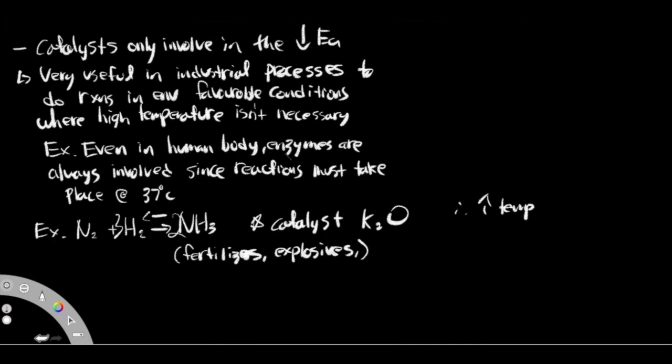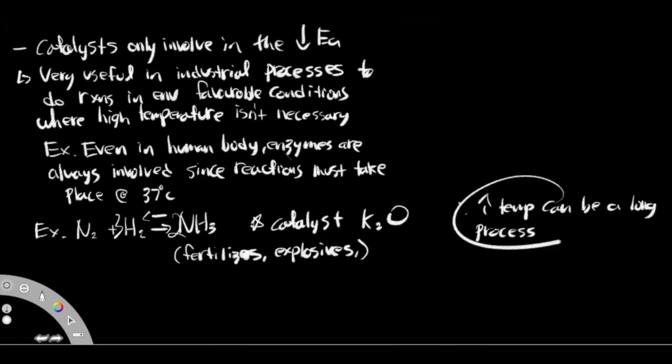This long process is not necessarily very good, because even though you can get more of the NH3, it can also go backwards in the opposite direction and create more of your reactant as well. So it's kind of a teeter-totter approach. It goes back and forth, back and forth. We don't want that though. We just want to create a lot of the NH3 and then cut it short.